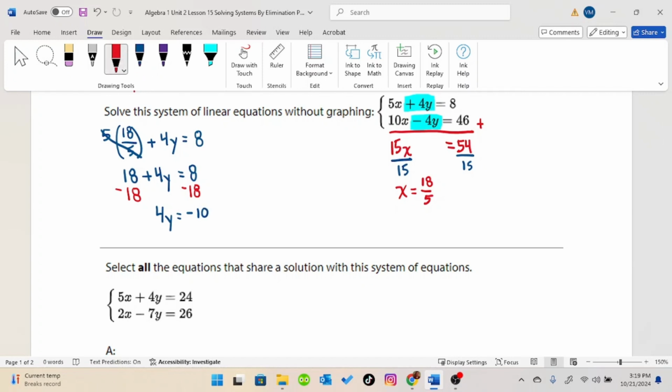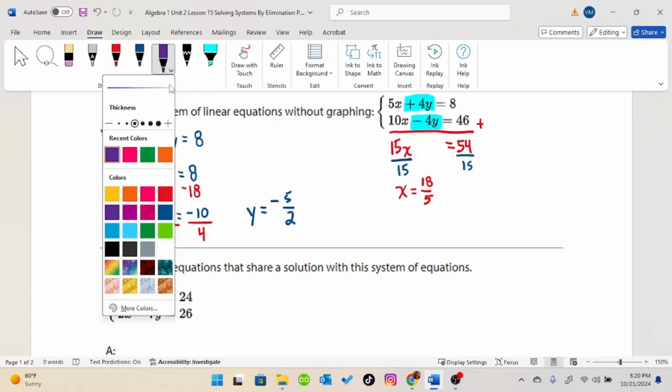The opposite of multiplying by 4 is dividing by 4, so we're going to do that on both sides. 4 divided by 4 is 1, so this leaves us with y equals negative 10 over 4. This can be simplified because 2 goes into negative 10 and 4. Negative 10 divided by 2 is negative 5, and 4 divided by 2 is 2.